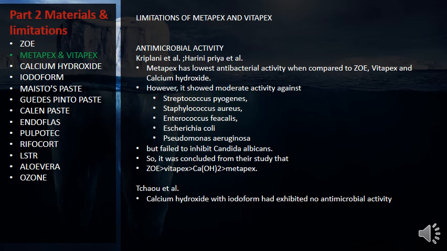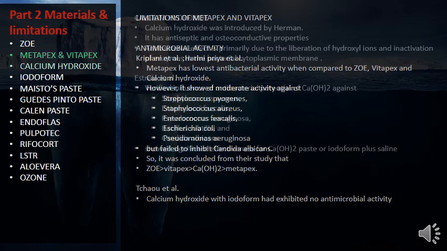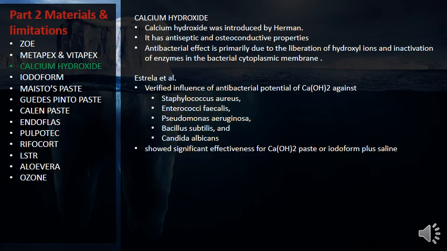Chow et al. concluded calcium hydroxide with iodoform had exhibited no antibacterial activity. Calcium hydroxide was introduced by Hermann. It has antiseptic and osteoconductive properties. Its antibacterial effect is primarily due to liberation of hydroxyl ion and inactivation of enzymes in the bacterial cytoplasmic membrane.